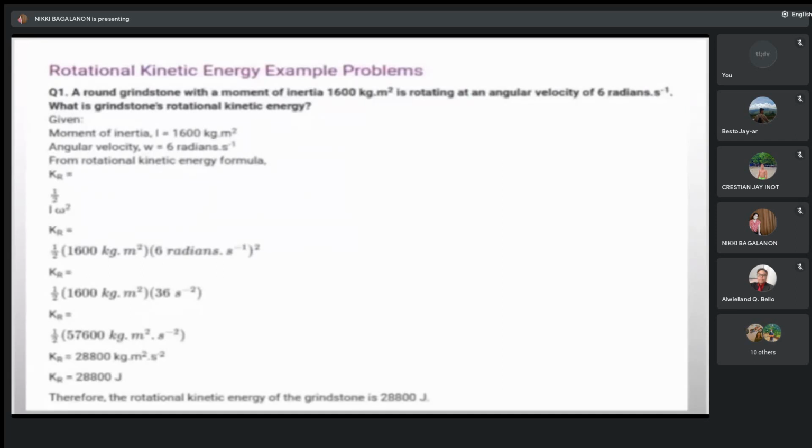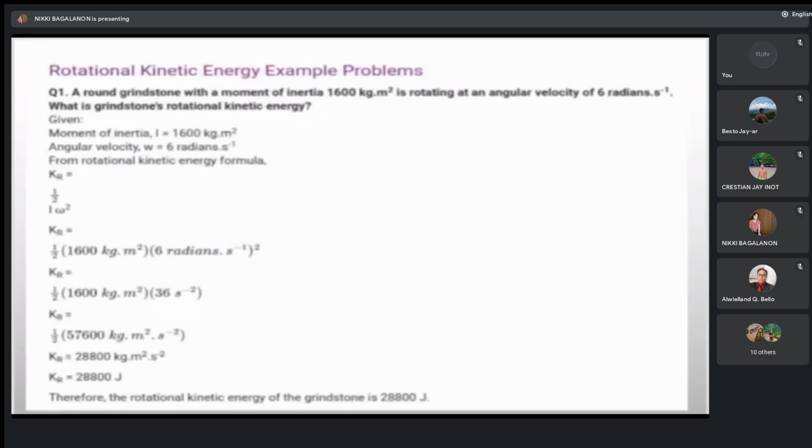So at this point, we multiply the 1,600 kilogram meter squared and the 36 second raised to the power of negative 2. So we get the 57,600 kilogram meter squared times second raised to the power of negative 2.